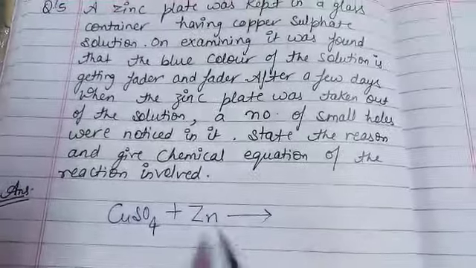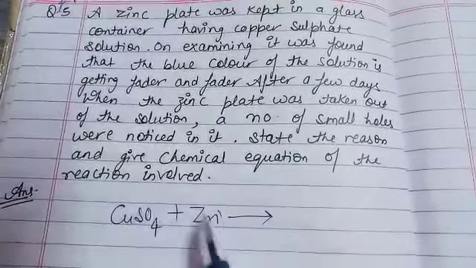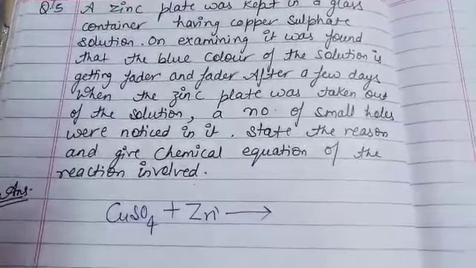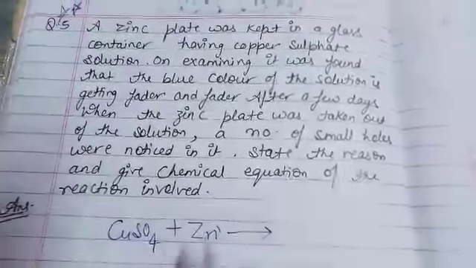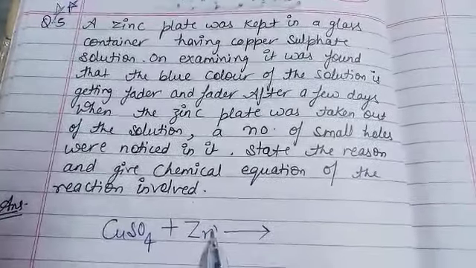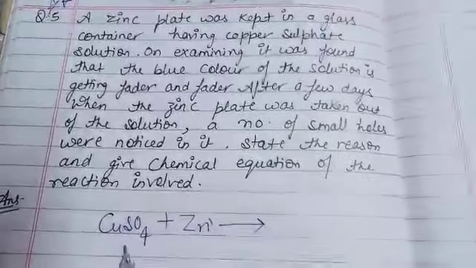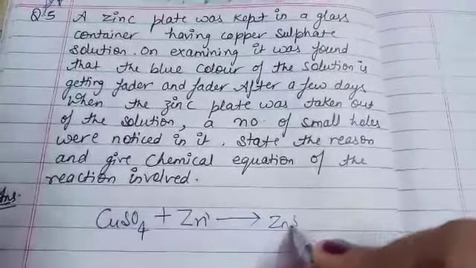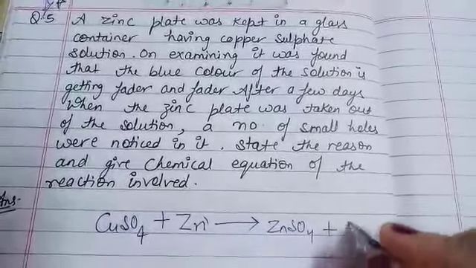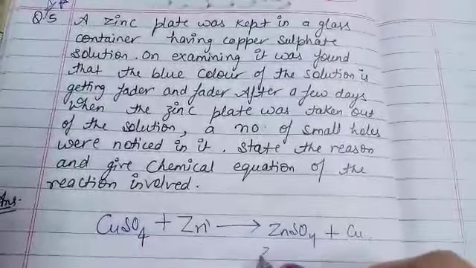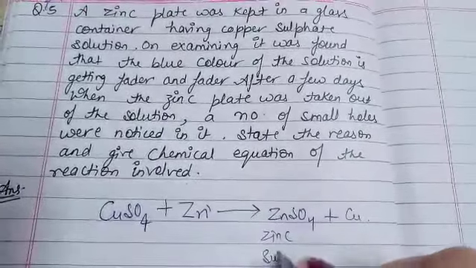So simply, because zinc is more reactive, it replaces copper from the solution. It displaces copper from copper sulfate solution, and this becomes ZnSO4 plus Cu. This is zinc sulfate. So this one is simple.